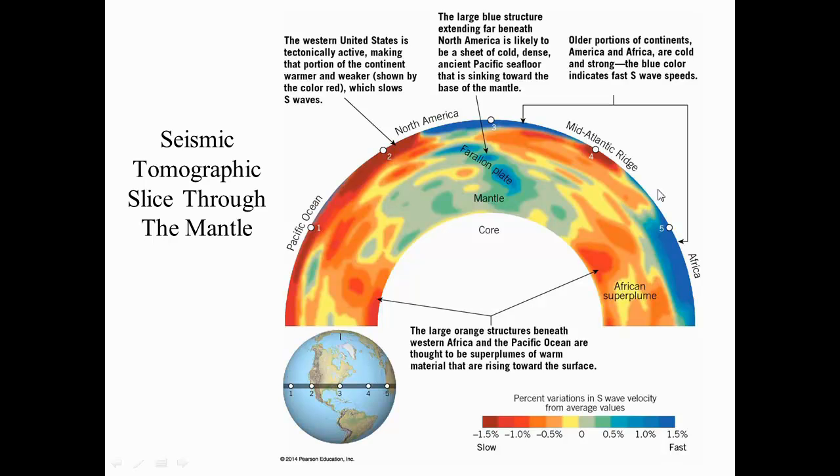Whereas the continent of Africa to the very right is blue because Africa is a very old, thick, cold, rigid continent. And so seismic waves speed up when encountering the crustal rocks of Africa.